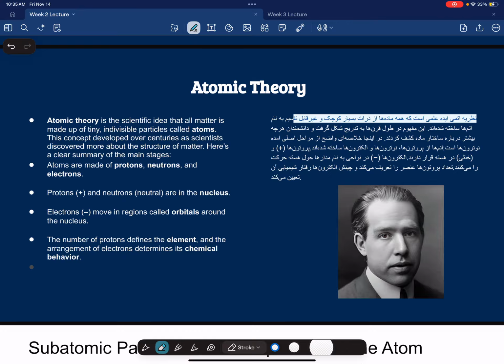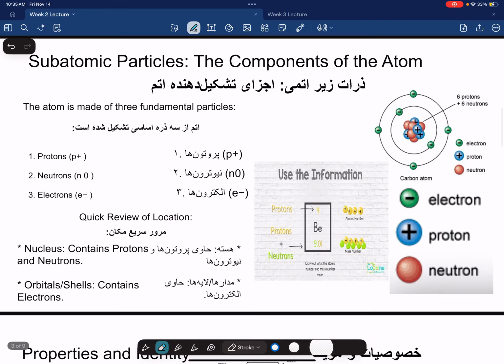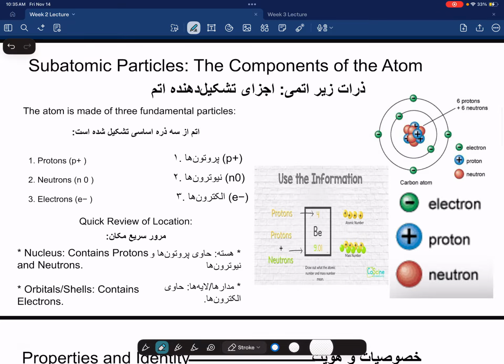So just know that every single thing that we have in our world, animals, rocks, a pillow, all these things are composed of tiny particles that we cannot see called atoms. So we're going to learn the structure of atoms in this slide.